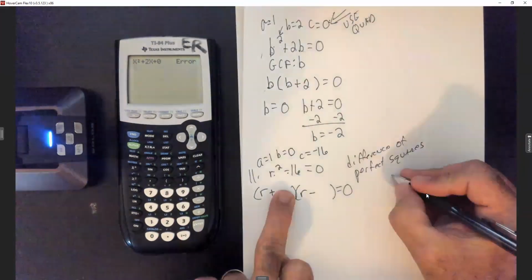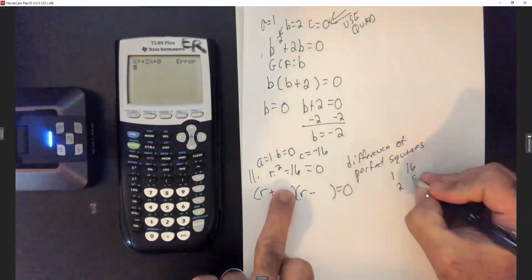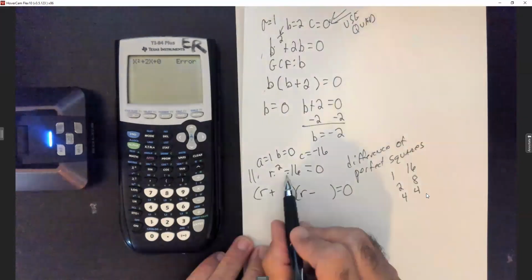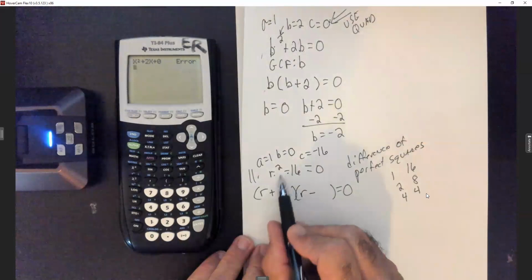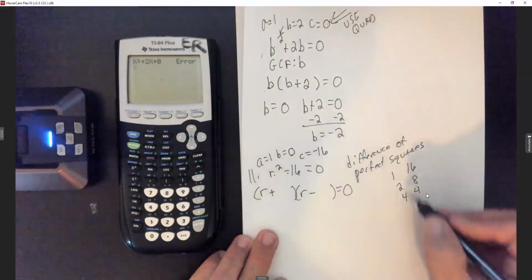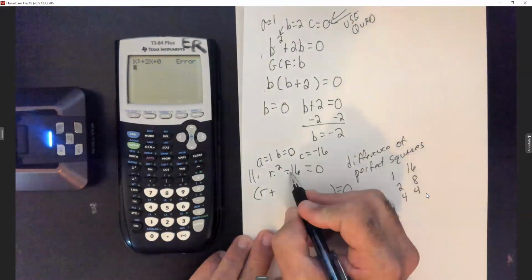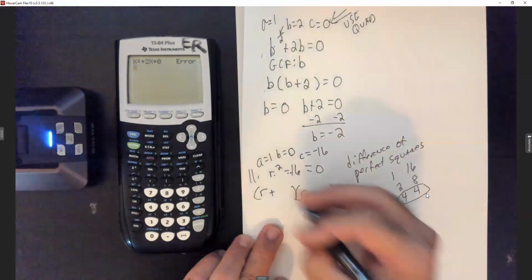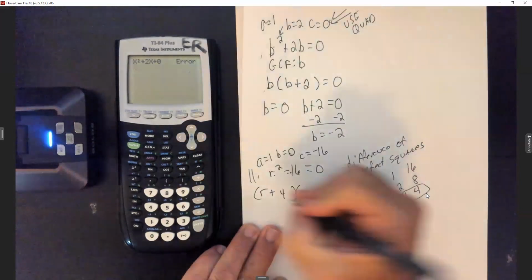Factors of 16 are 1 and 16, 2 and 8, 4 and 4. Remember, since there's no r in the middle, that means it's a 0. So I want factors of 16 that'll subtract and give me that 0, and that would be 4 and 4. So I put a 4 here and a 4 there.